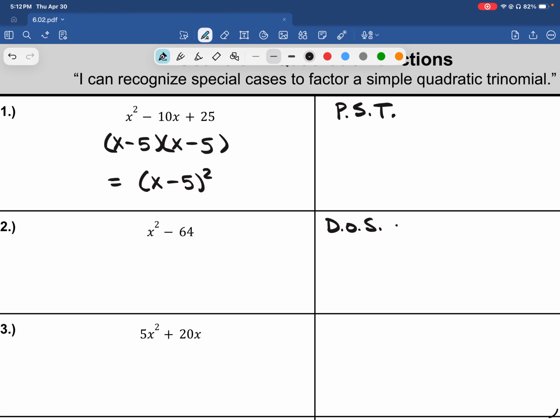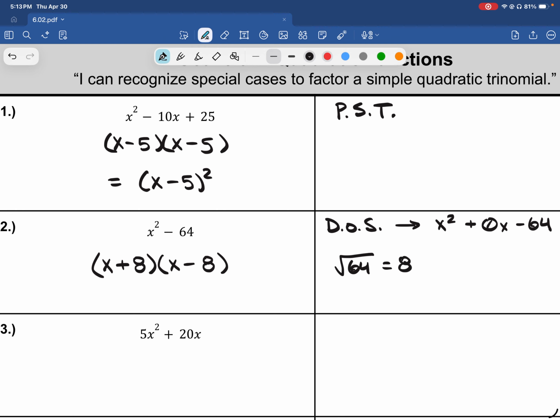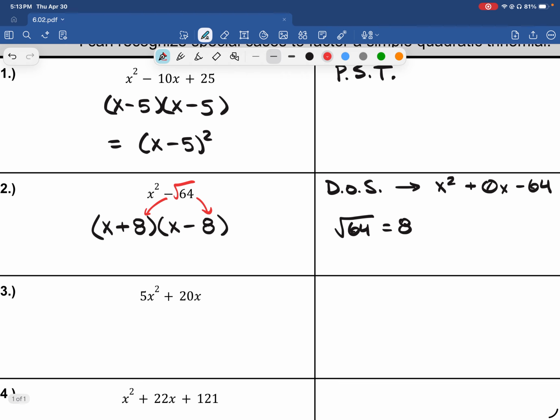Now, this one could have been written as x squared plus 0x minus 64, which is why I know the factors are x plus 8 and x minus 8. Also, the square root of 64 is 8. So, all of these difference of squares just end up being the square root.